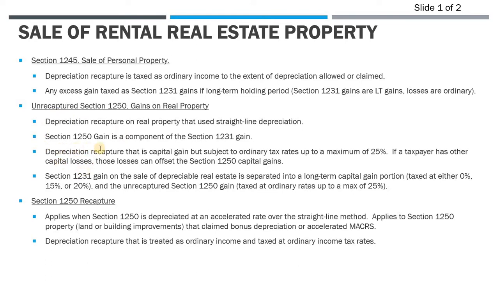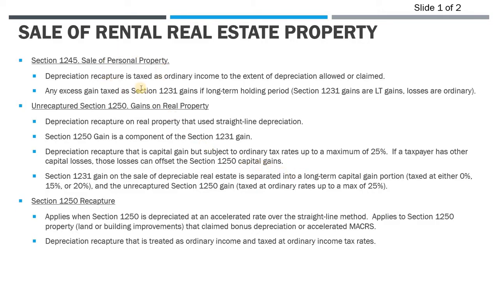Now, unrecaptured 1250 is good because the depreciation recapture on those assets is subject to ordinary rates, and it's treated as capital gains, but the maximum tax rate is 25%. And you can use other capital losses to offset 1250 gains.